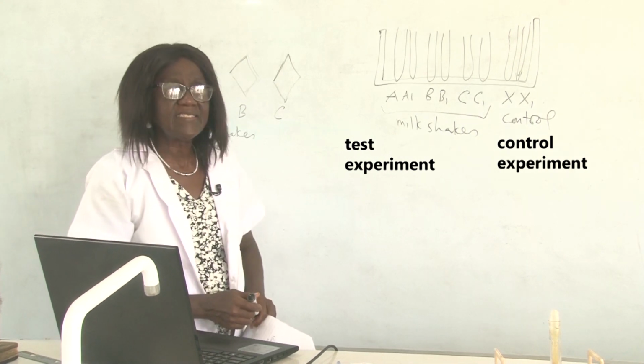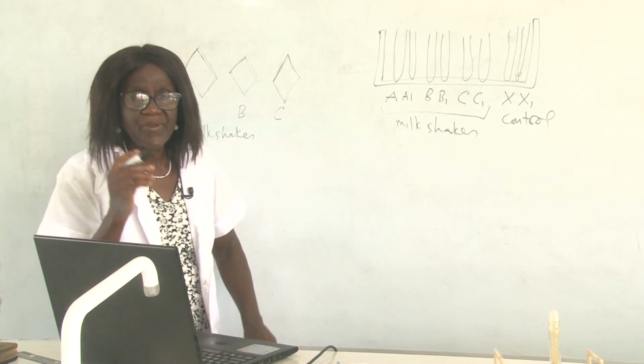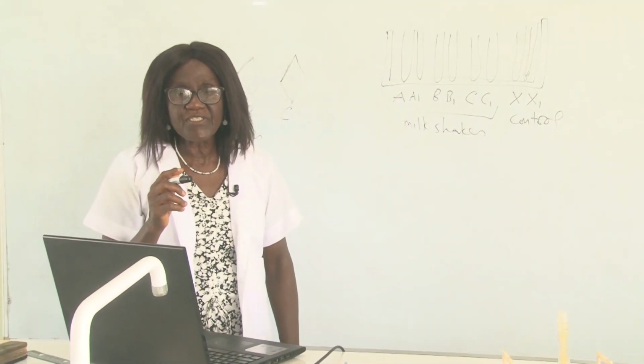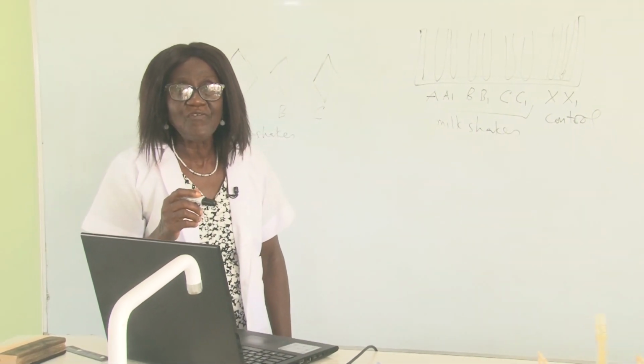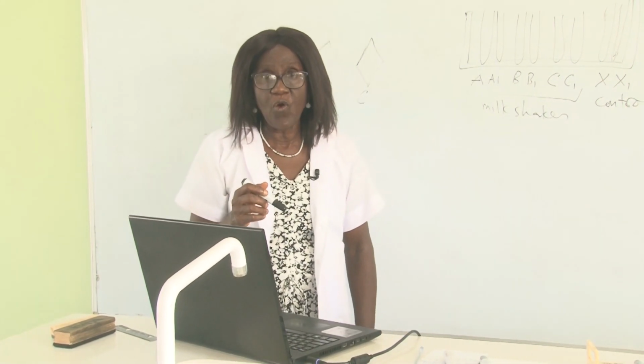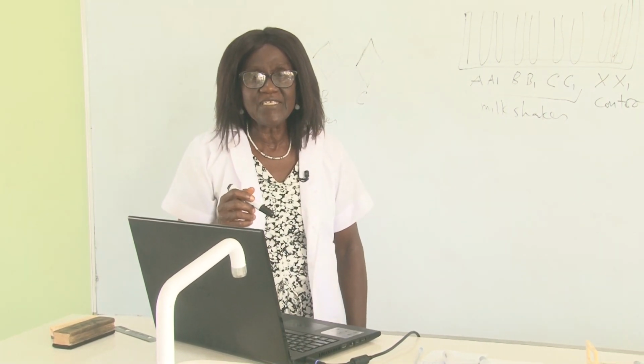Then the student decided to do a preliminary experiment to find out which substance he can use for his control experiment. And the student decided that juice of fermented corn that he is allergic to has starch in it.